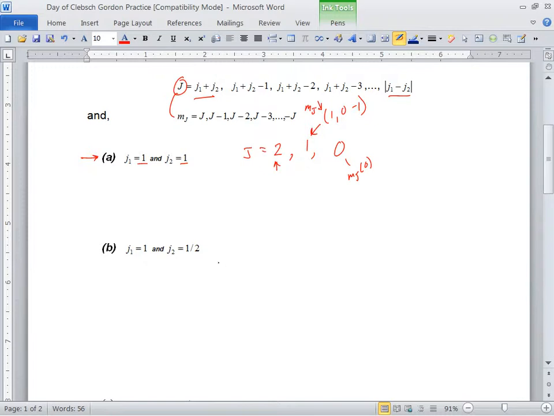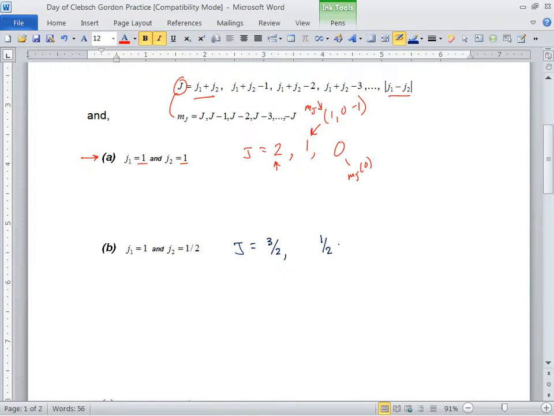Their sum down to their difference. Big J here is going to be 3 halves all the way down to a half. Okay. Is there anything in between? 1.